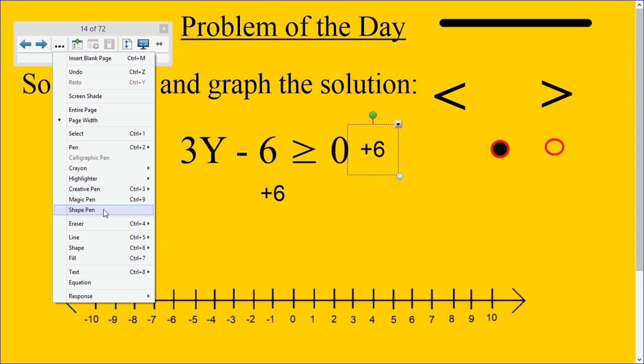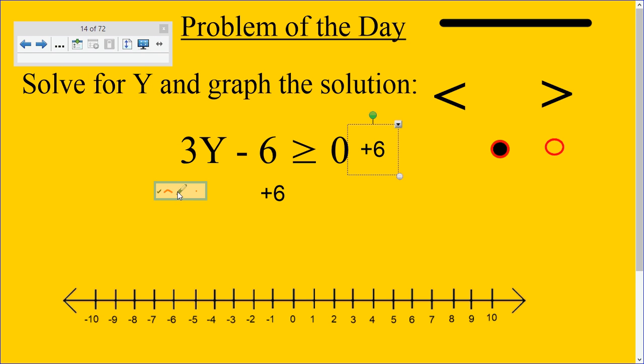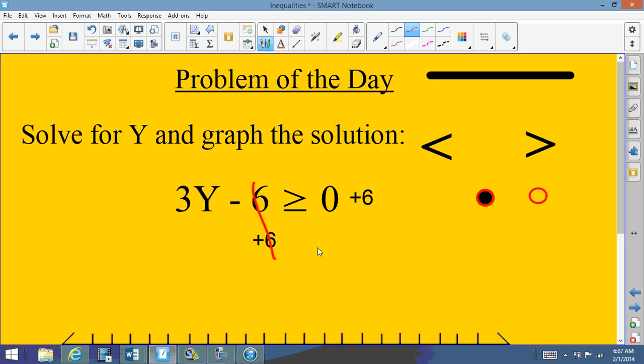The 6's cancel out on this side, and I have 3y greater than or equal to 6.